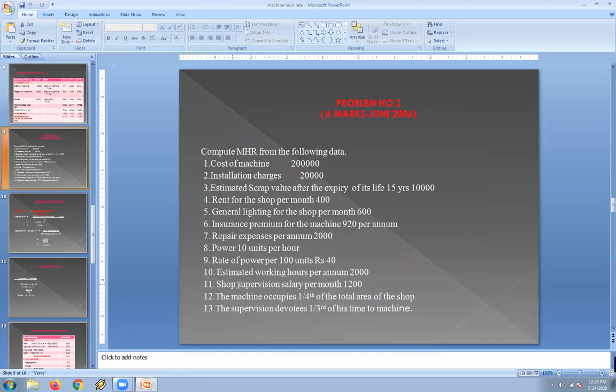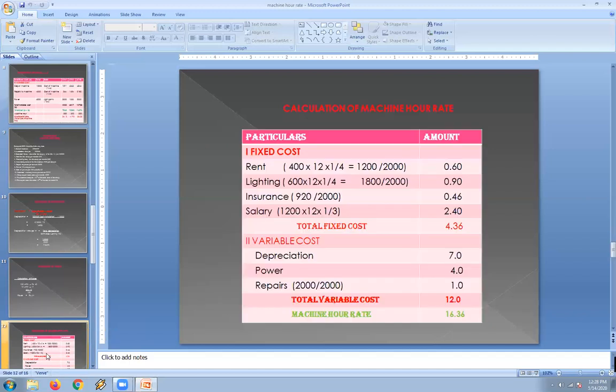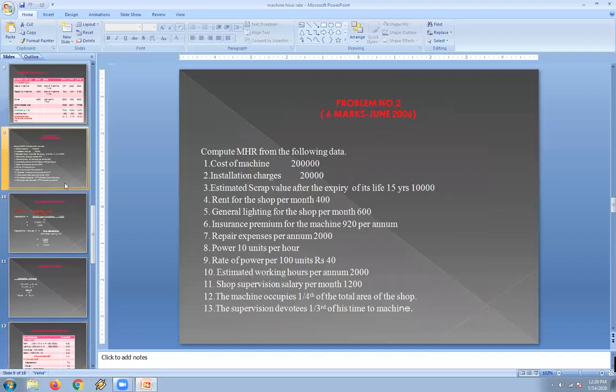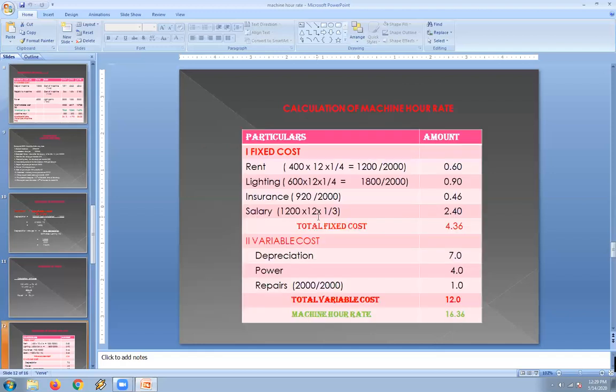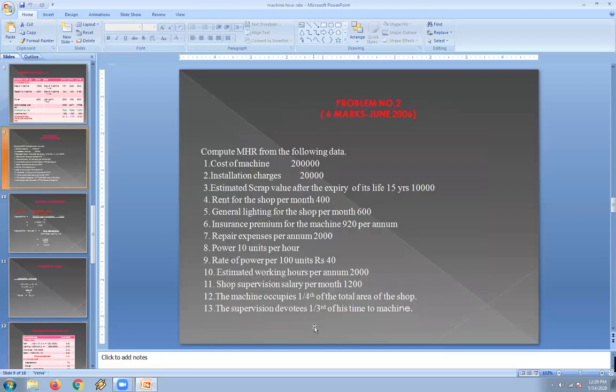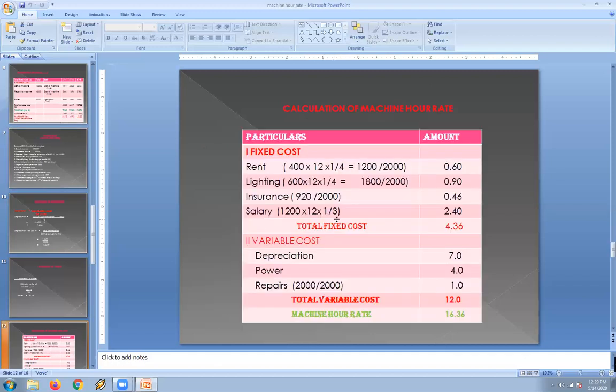And the next is the supervisor's salary. They have given the supervisor's salary as fixed. Salary per month is 1,200, so we have to calculate for 1 year by multiplying by 12. The supervisor is also taking care of or supervising the machine, which means he is going to spare only 1/3 of his time, so we have to multiply only by 1/3.